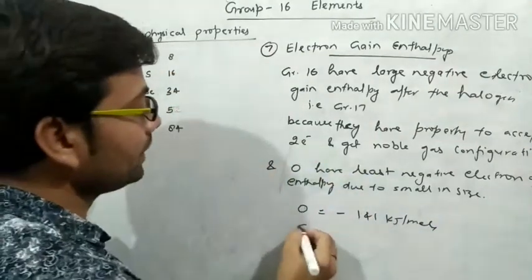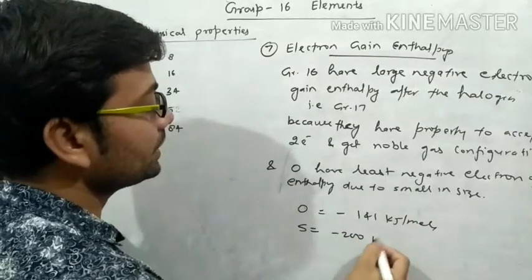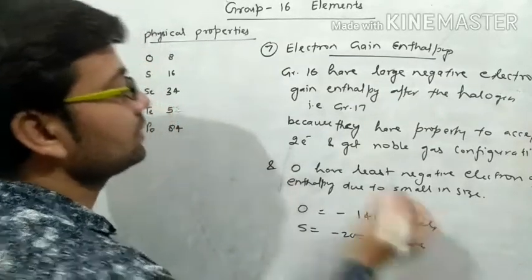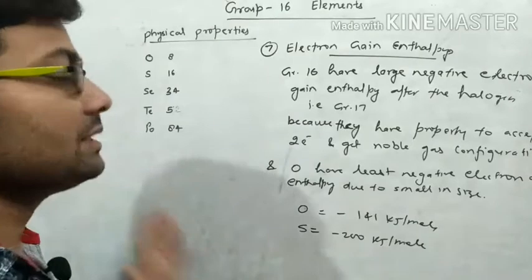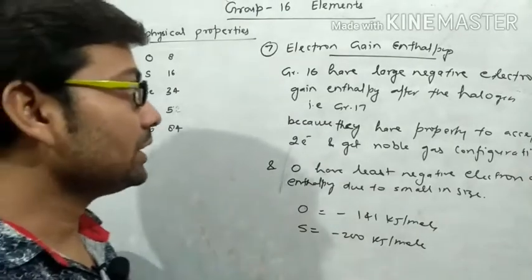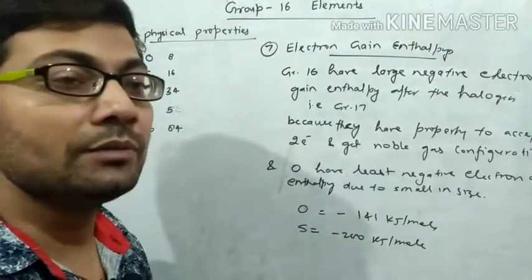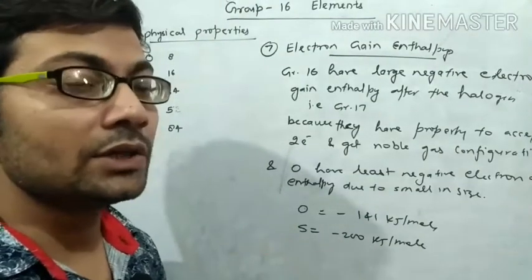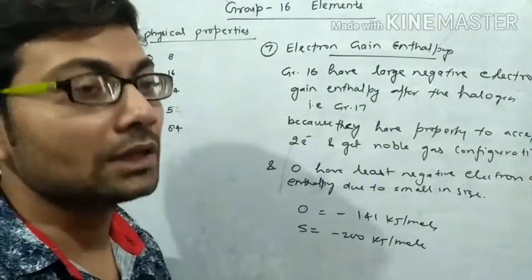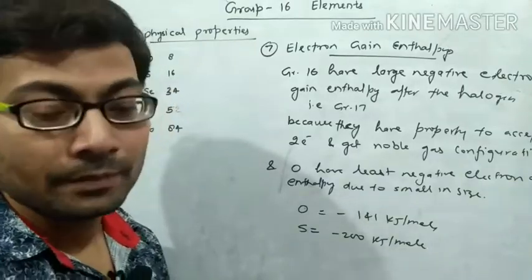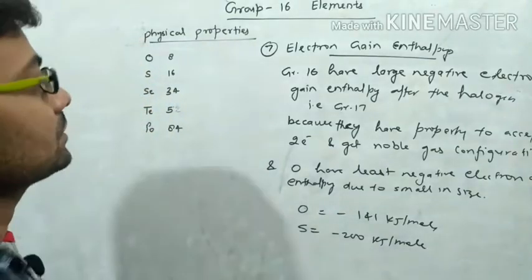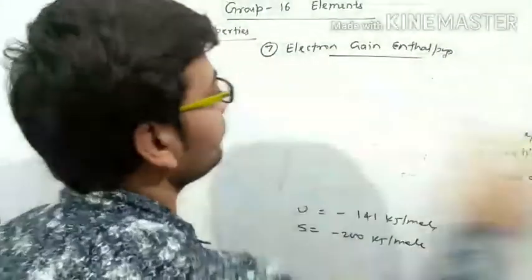In case of sulfur, it is minus 200 kilojoule per mole. So these elements have large negative electron gain enthalpy, because they require two electrons to obtain the noble gas configuration. Right? Now the next property is elemental form.